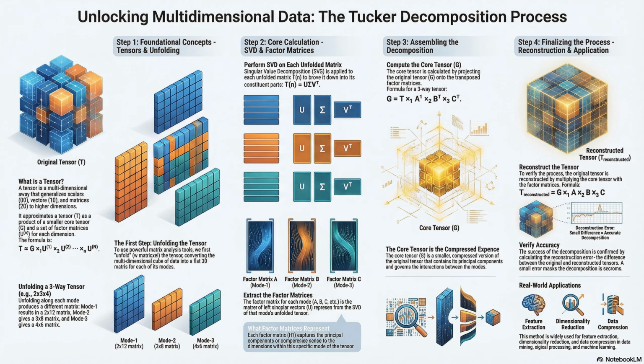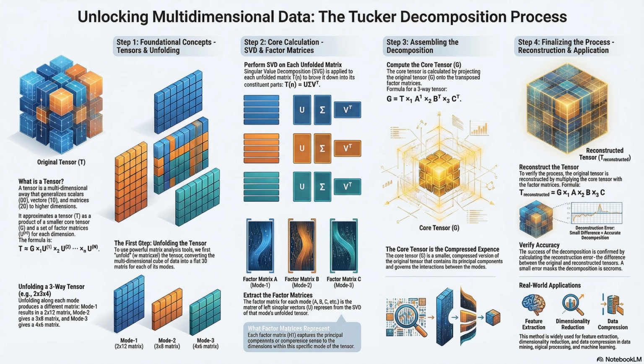Right, so here, the first dimension, which was size 2, defines the rows. So we have 2 rows. The columns are formed by flattening the product of the other 2 dimensions, 3 times 4, which is 12. So the resulting unfolded matrix, T sub 1, is 2 by 12. Correct. And the source emphasizes that the fibers along mode 1, you can imagine 2 3 by 4 slices stacked one behind the other, become the rows in this new matrix.